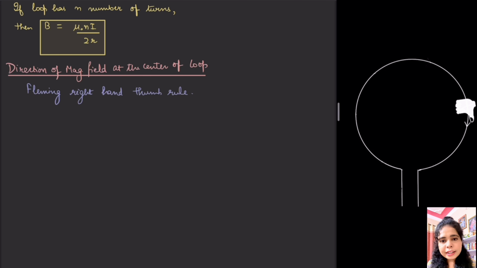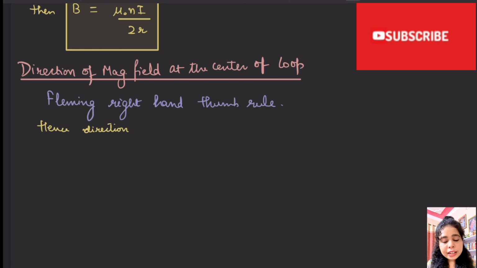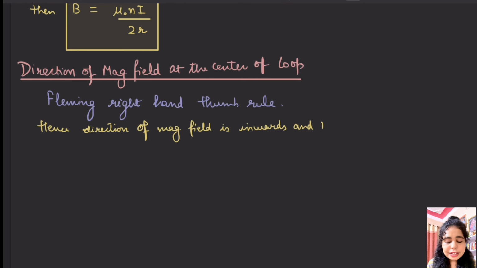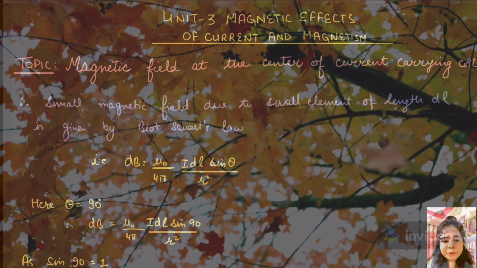Similarly, on the right side, the current is flowing in the downward direction, and if we place our right hand and curl our fingers, the fingers are pointing inwards, entering the center O. So in each case, the direction of the magnetic field lines comes out to be inward, and they are acting perpendicularly. So we can say that the direction of the magnetic field produced by the current loop, given by Fleming's right hand rule, is inward and perpendicular.